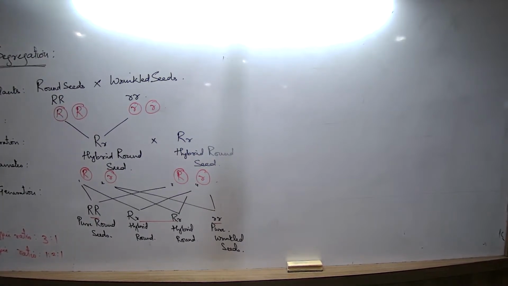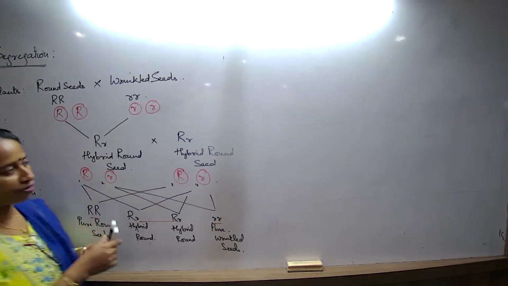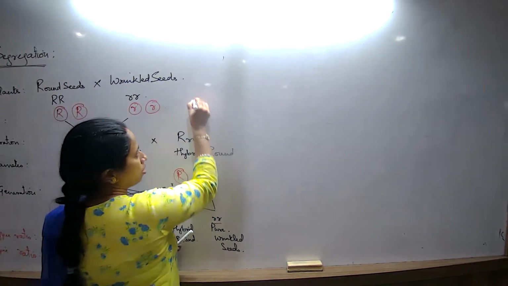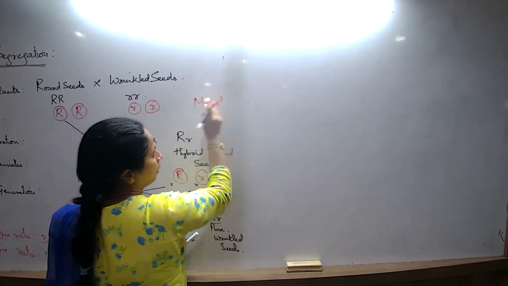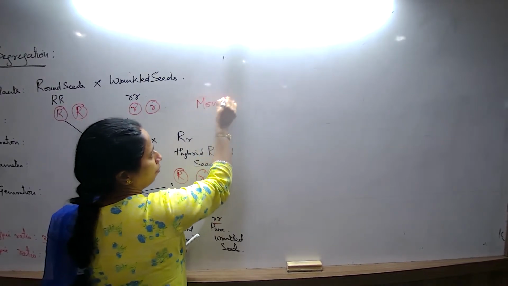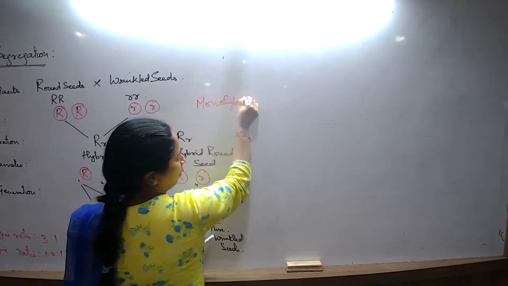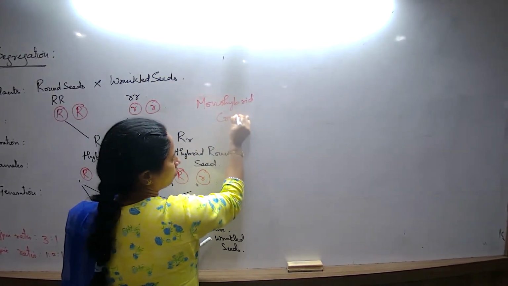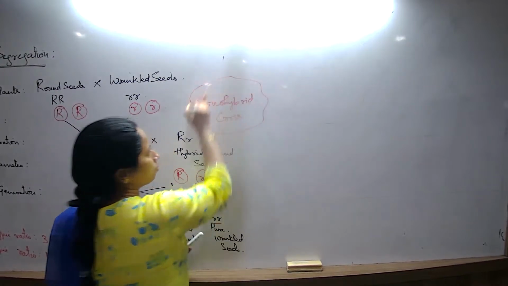We studied a concept known as monohybrid cross. The other day I explained the law of segregation, and I told you that this type of crosses are also known as monohybrid.